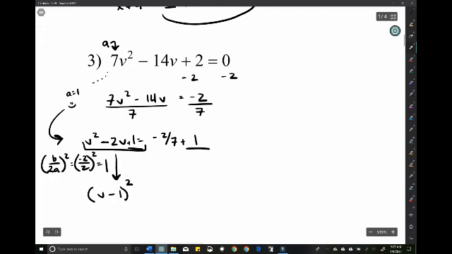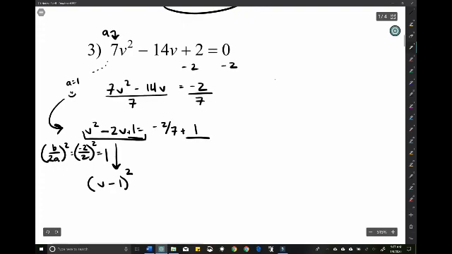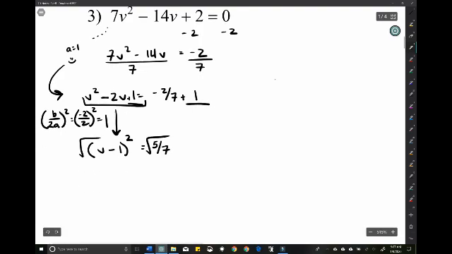If you need to think of the factors, they'd both have to be negative 1 to work that way. Now on the right side, you can certainly add, I would like you to leave it as a fraction. Negative 2/7 plus 1 comes out to be 5/7. From here, you can square root each side. So we have v minus 1 is equal to plus or minus the square root of 5/7.